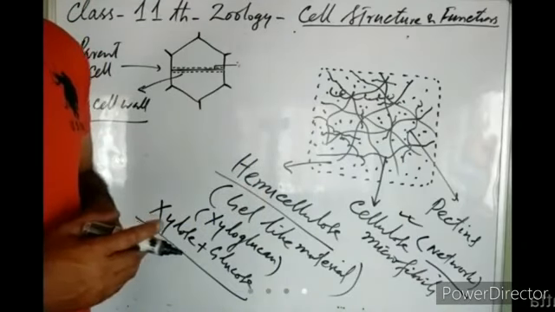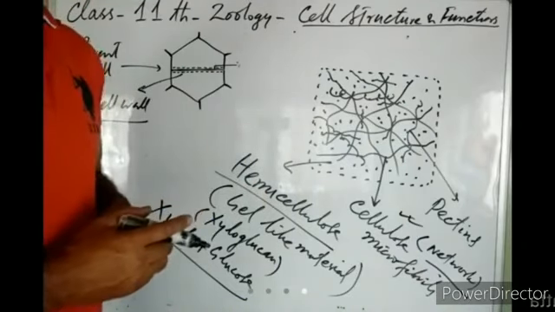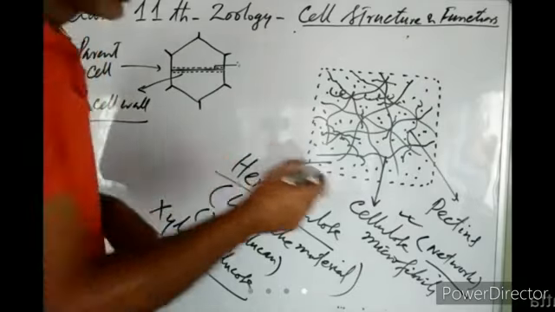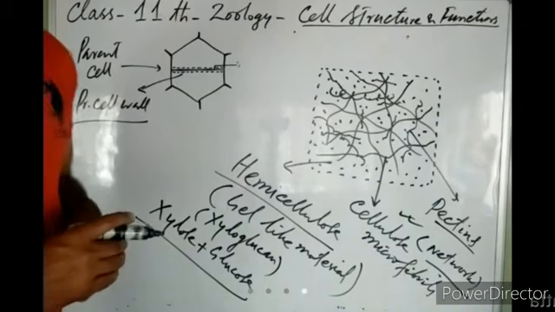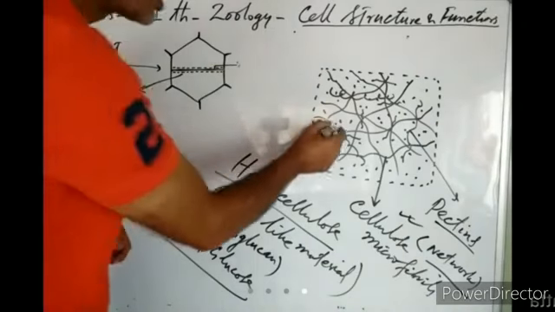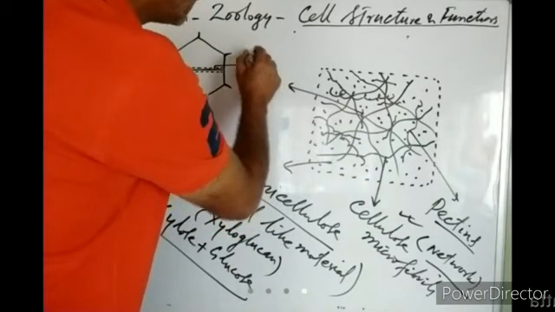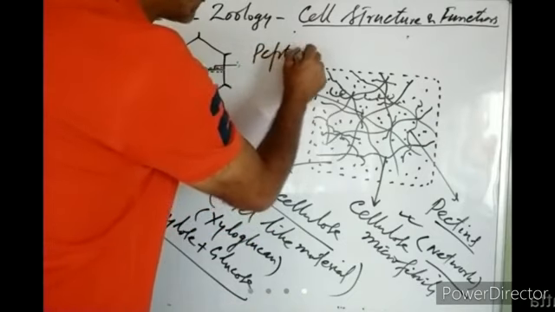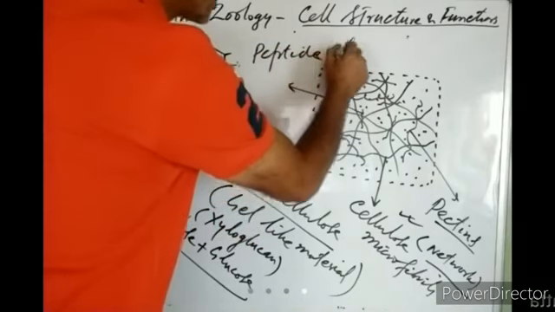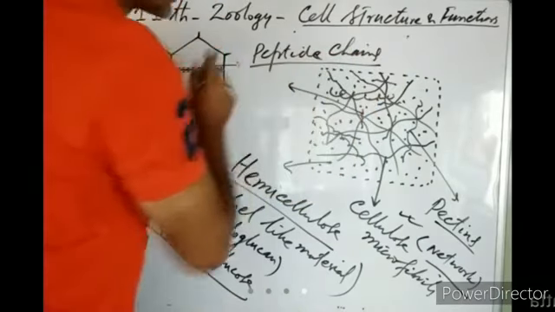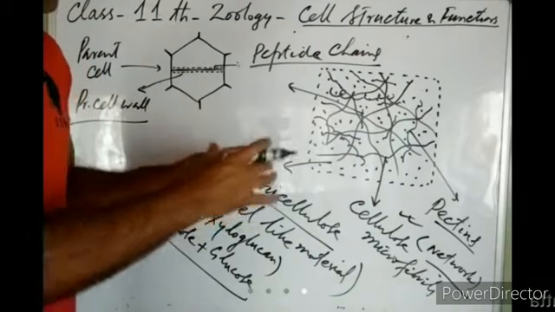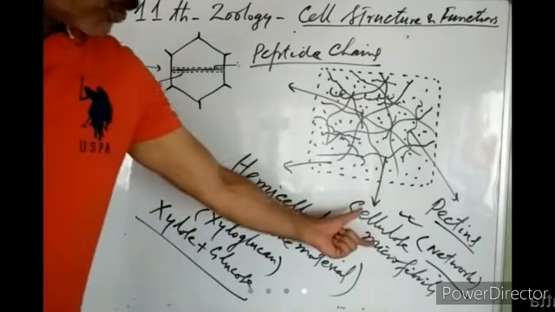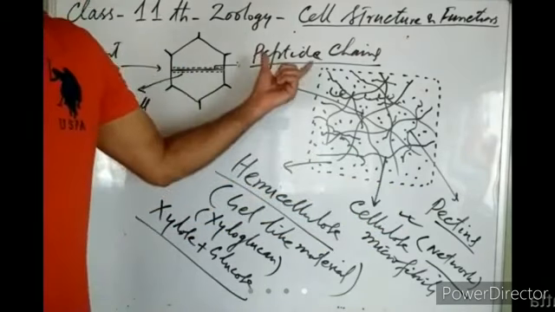Then this network is strengthened. The cellulose microfibrils are tied up together by pectin chains and by short peptide chains. And this whole mixture of hemicellulose, cellulose microfibrils, pectins, and peptide chains forms the primary cell wall.